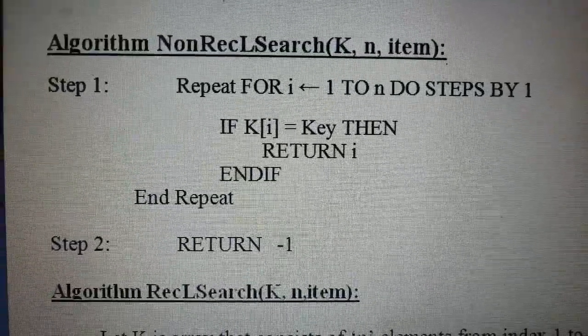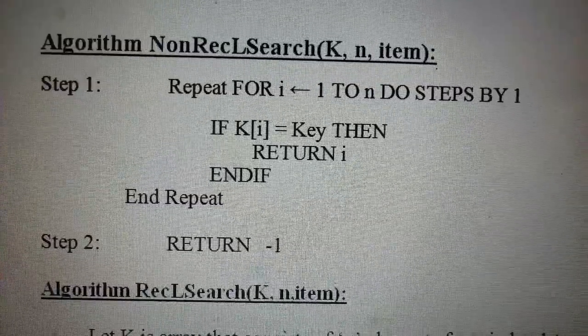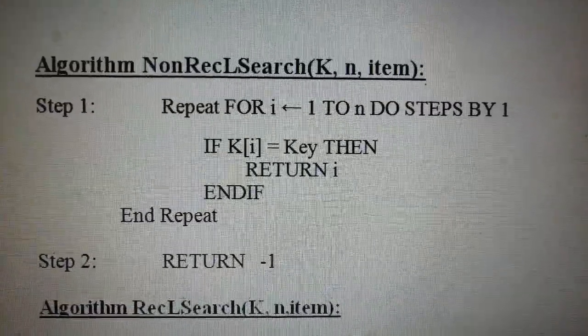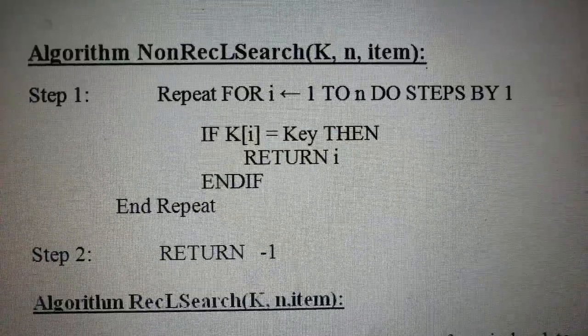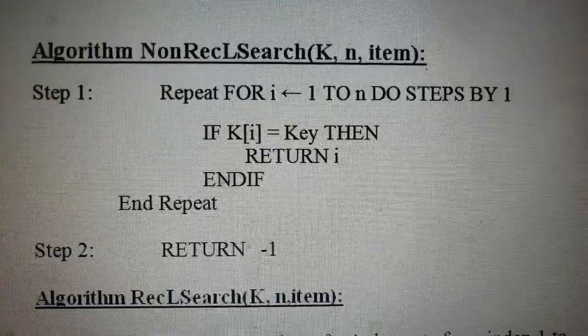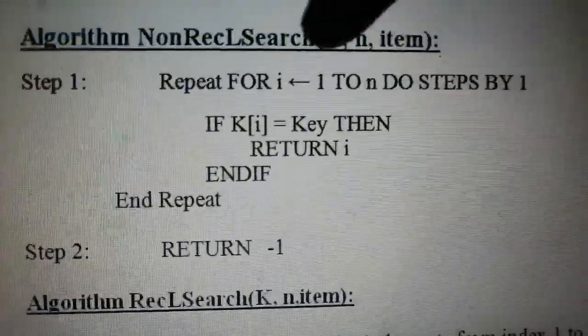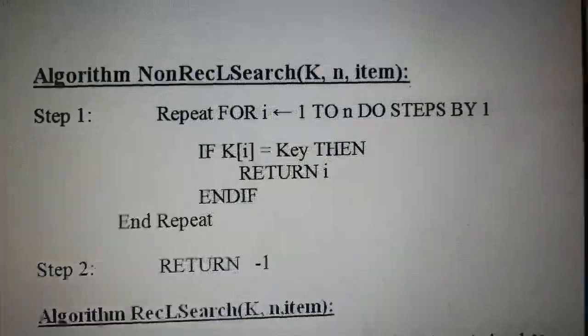There are two types of algorithms represented here: one is the algorithm in non-recursive manner, and the other is the algorithm in recursive manner. In the non-recursive manner, we repeat for i equals 1 to n, that is from the first value to the nth value.